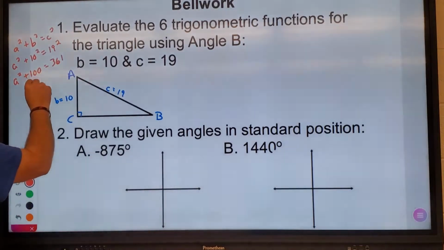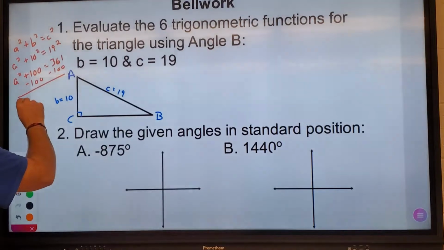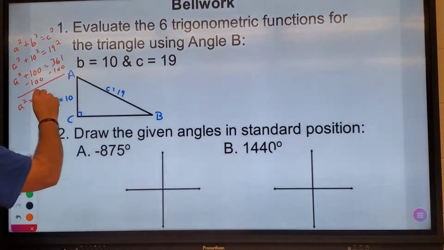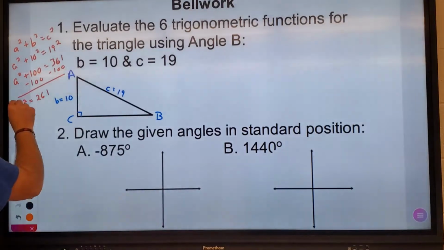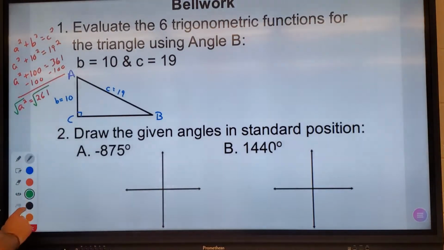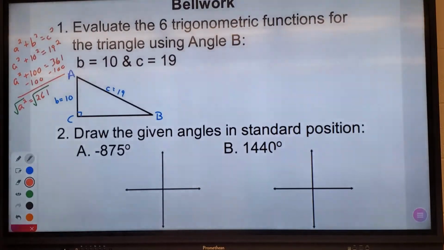I would then subtract the 100 from both sides. That's going to give me A squared is equal to 261. I'm then going to take the square root of both sides. And again, here I'm going to try to find any perfect square factors of 261, because 261 itself is not a perfect square. If I take the square root of 261, I do not get a nice integer value.